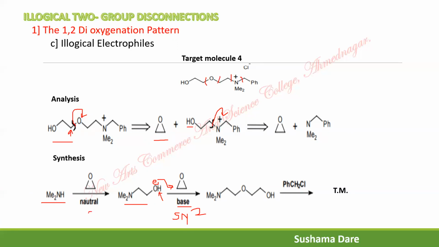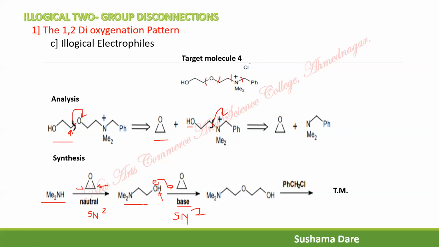So if it is a substituted epoxide, then you can see the exact stereochemistry of that molecule. But as it is a symmetric epoxide, therefore you do not have a choice of selection whether it attacks this carbon or this carbon, right?